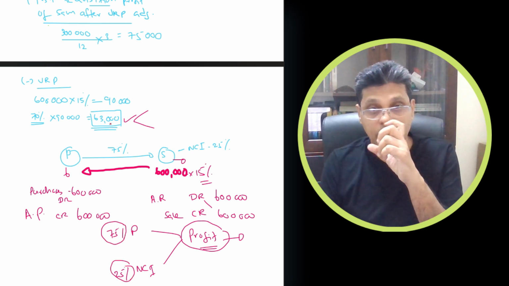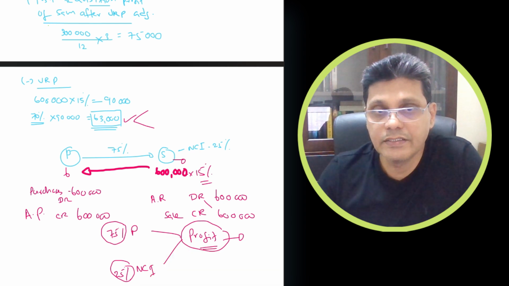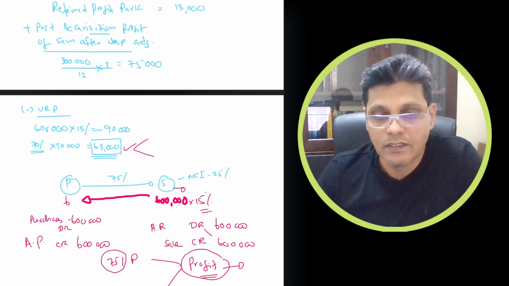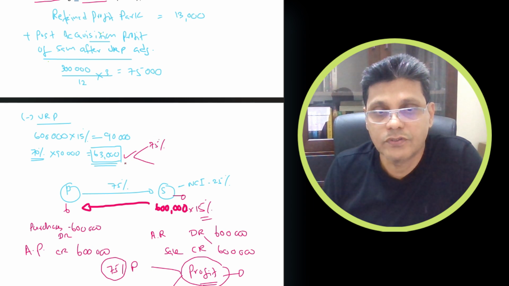Since we are going to calculate the consolidated retained earnings, only Park's share of the unrealized profit, which is 75% of this, is relevant.